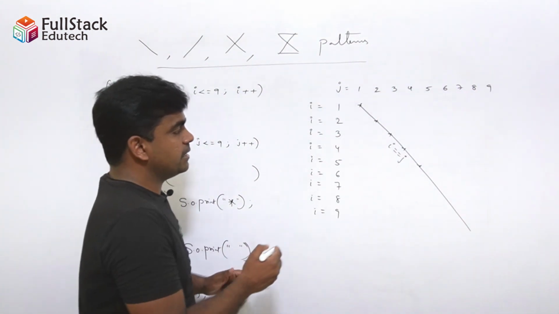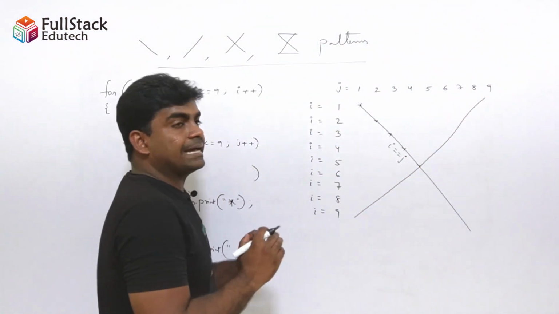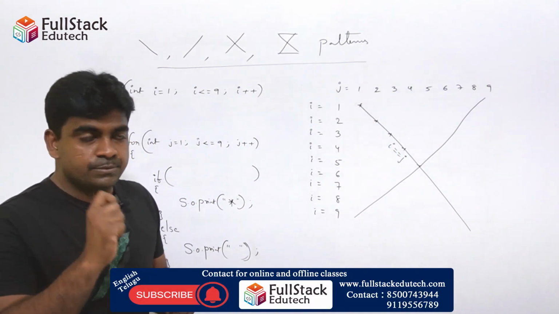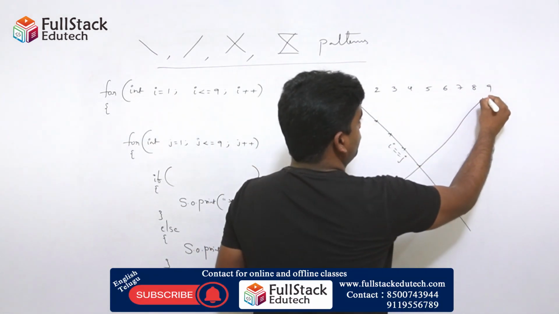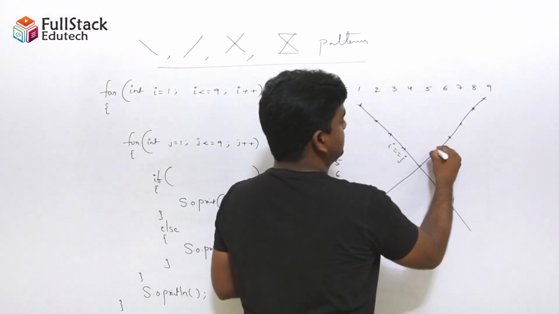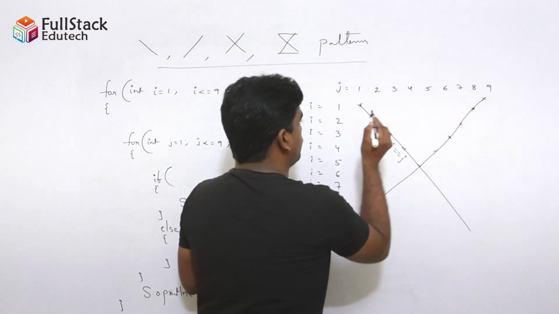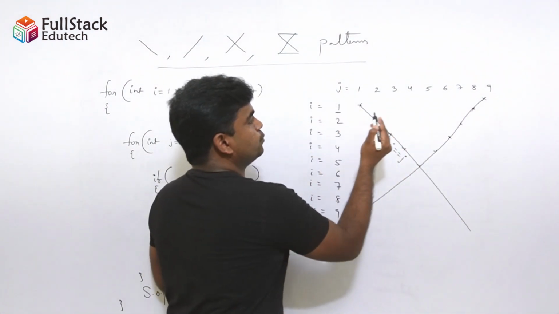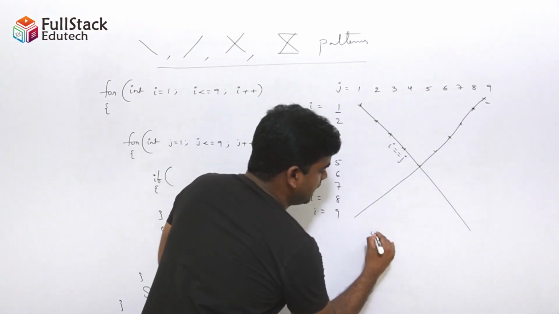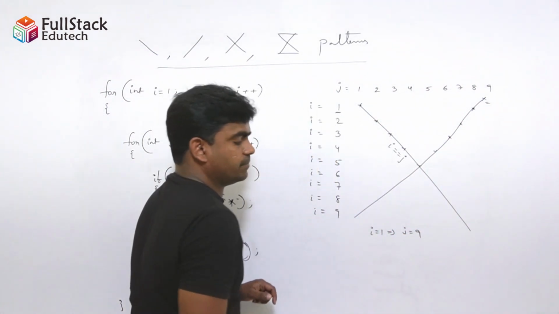Now in the same way, I just want to display this backslash. How can we display this slash? Observe this. Here there are intersection points, this one, this one, this one. Now observe this intersection point, when i equals 1, j equals 9.